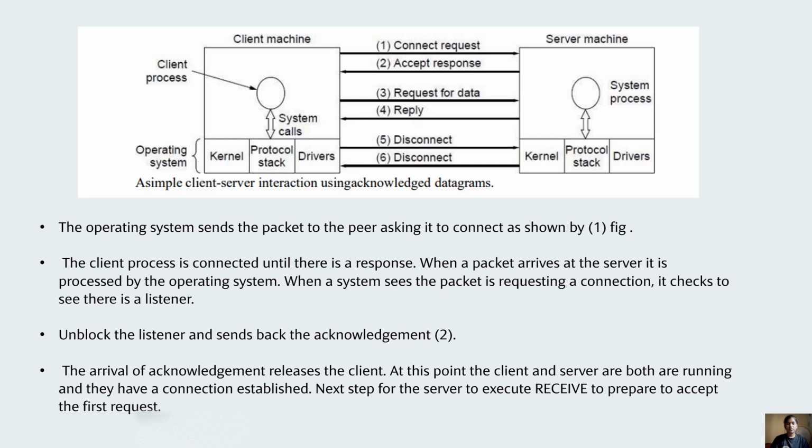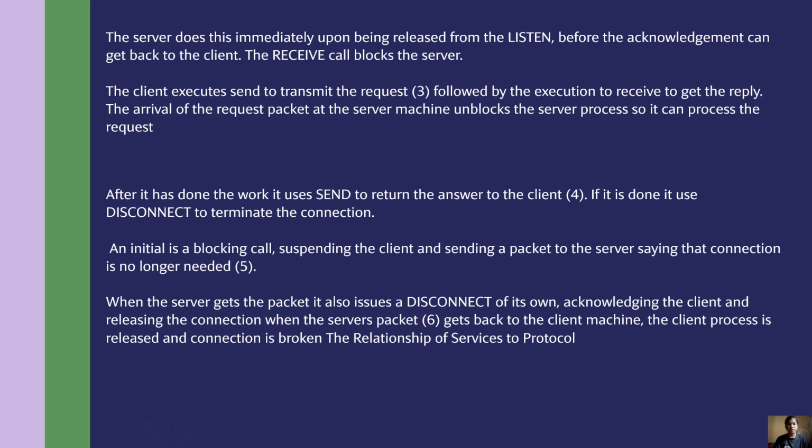It checks for the listener and unblocks the listener if it is blocked, and then the request is accepted, and then it sends an acknowledgement. So the arrival of the acknowledgement releases the client. At this point, the client and server are both running, and they have a connection established. After the listener is unblocked, there is a connection established. The next step for the server is to execute receive to prepare for the first request.